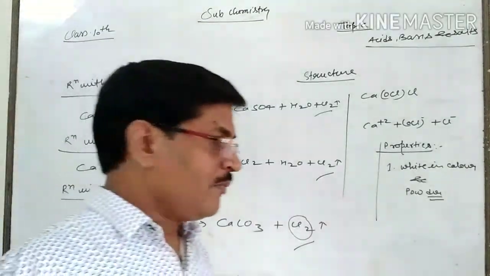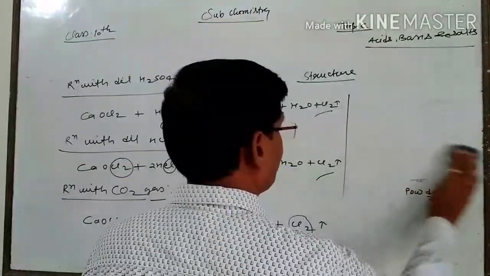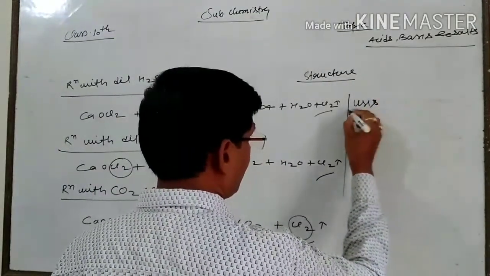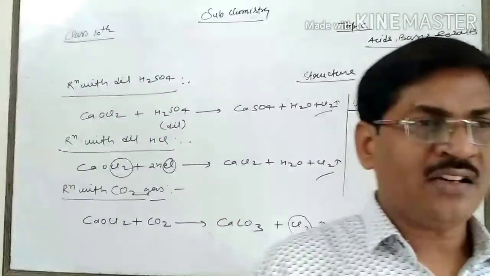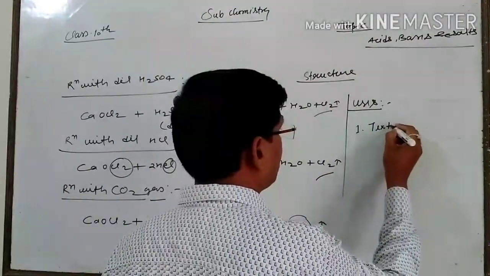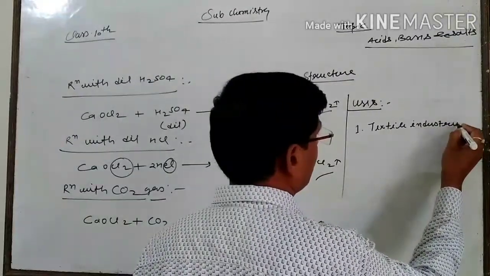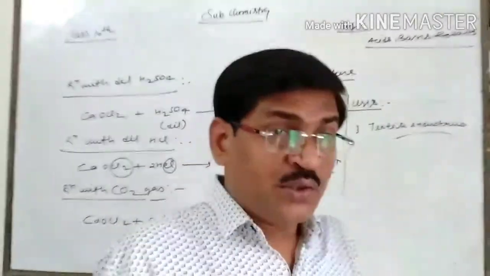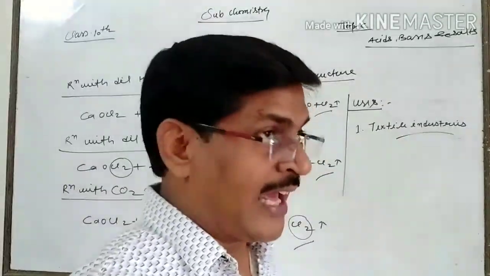After that, I have to discuss its uses. As all of you know, it is used first of all in textile industries, because it is used as a bleaching agent. It bleaches the color of material like linen.